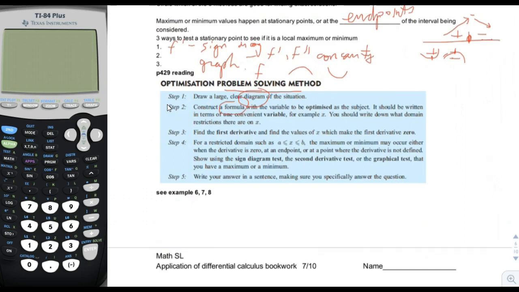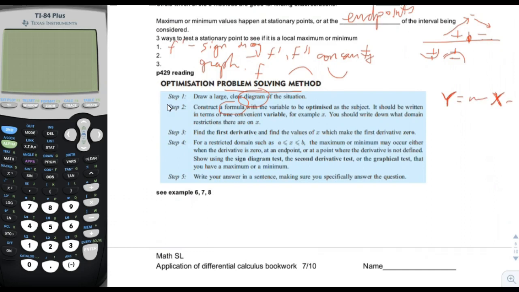One of the variables is the one which needs to be optimized, like the area, the volume, or the cost. Then there's another variable which is the input, and modifying the input may or may not optimize the output y. So it's going to be y equals something in terms of x.